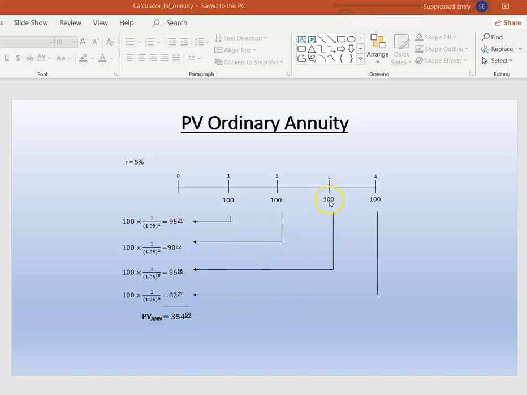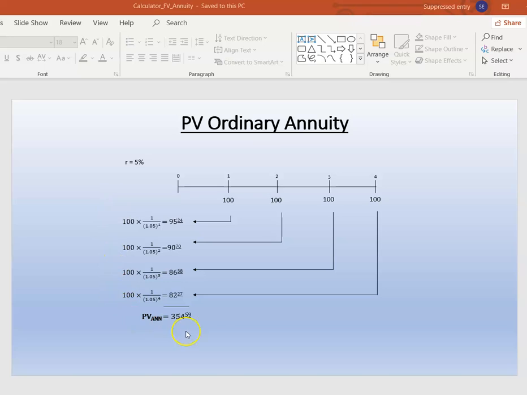The present value of $100 3 years later will be $86.38. And the present value of $100 4 years later will be $82.27.